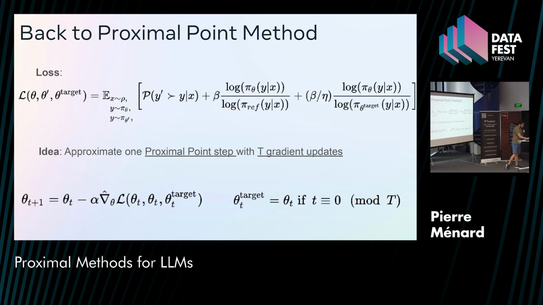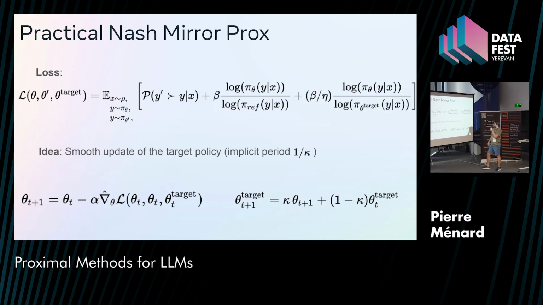And actually we'll prefer to do something smoother, to not waste too much time waiting for the target to be updated. We will rather do a smooth update. So we'll do an exponential moving average here. And otherwise everything is the same. And the main point to note is that here, there will be an implicit period of 1 over kappa for that.